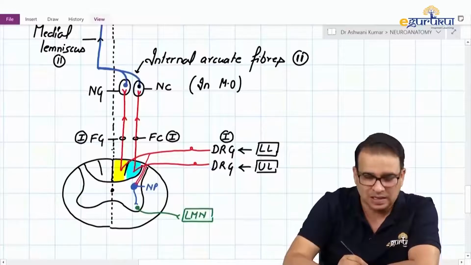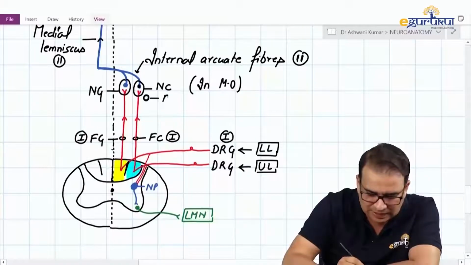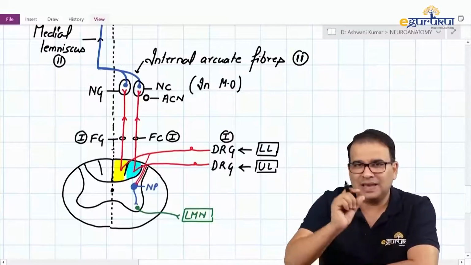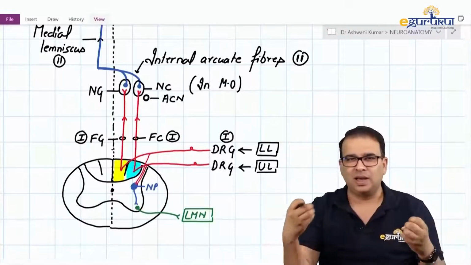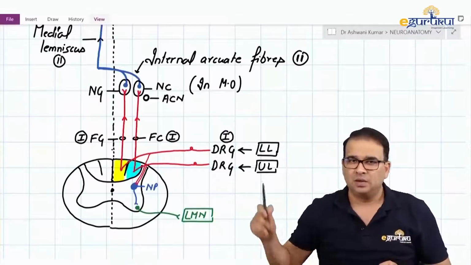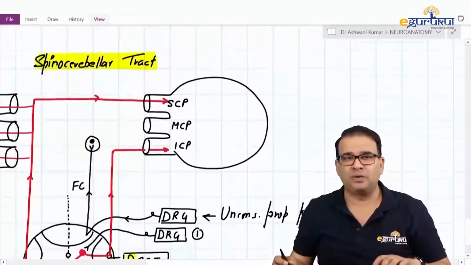That is nucleus cuneatus. So, very, very close to nucleus cuneatus. In fact, the detached part of nucleus cuneatus, there is another nucleus there, and that is called accessory cuneate nucleus, ACN. It's a detached part of nucleus cuneatus only, which is also present in medulla oblongata only, and that is the one we are talking about right now.